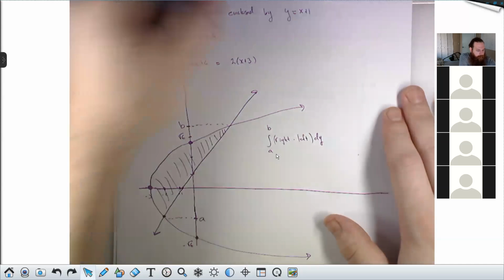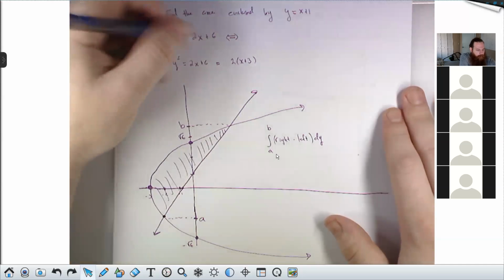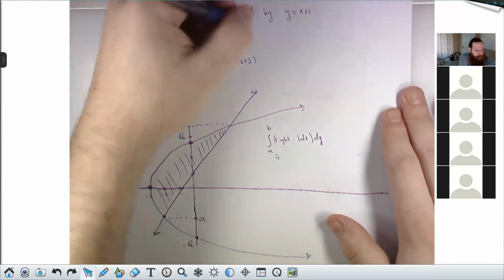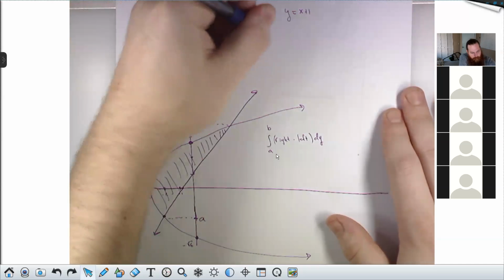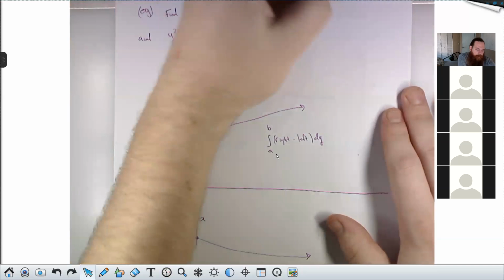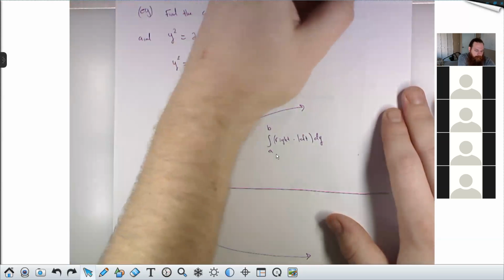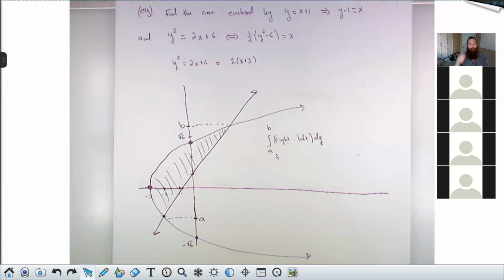So let me go ahead and do that. This is the same as saying y squared minus 6 equals 2x. So 1/2 y squared minus 6 equals x. And this one's the same as saying y minus 1 equals x. So here's my line solved for x.